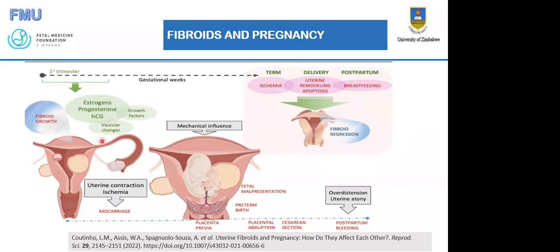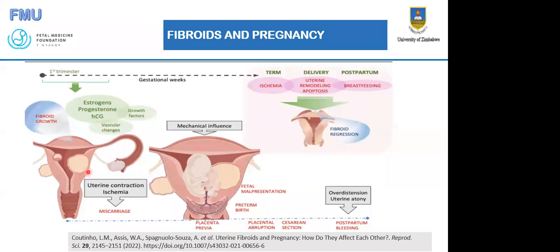Besides them interfering with the implantation, they may also cause this, because it has been shown that fibroids actually grow so much in the first 7 weeks from fertilization due to these hormones, the estrogen, the progesterone, the hCG, and the other growth factors. They cause the fibroid to grow so much.